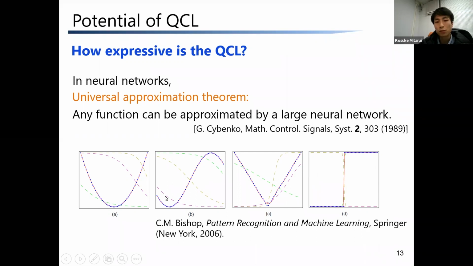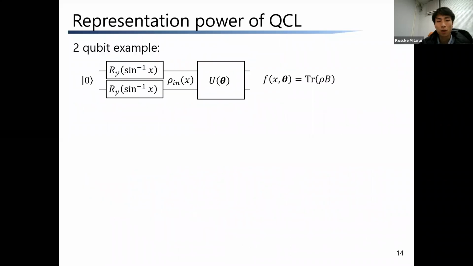So an important question to ask is whether this QCL approach can achieve this kind of universality. We are going to think about the expressiveness of QCL in a 2-qubit example. Let us consider this kind of circuit where we input data X into a quantum state by this kind of rotation gate.